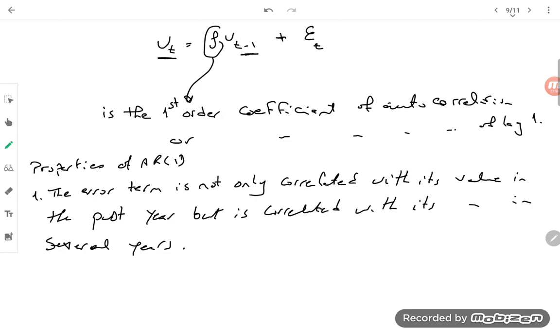Number 2. The value of rho is constrained between 1 and negative 1. This means that rho can be positive or negative.